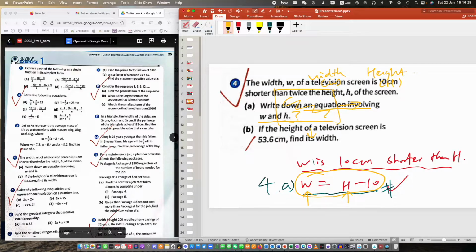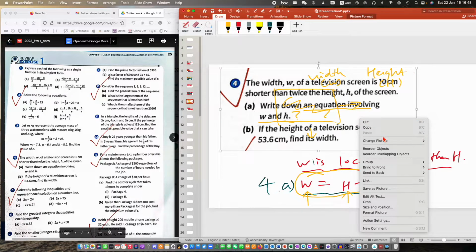They want an equation, which has W and H. Remember what's the relationship? But I don't see W and H in your work at all. Then how do you think your answer is correct?